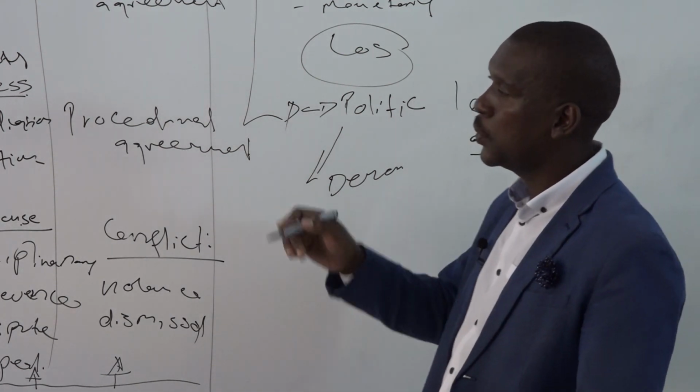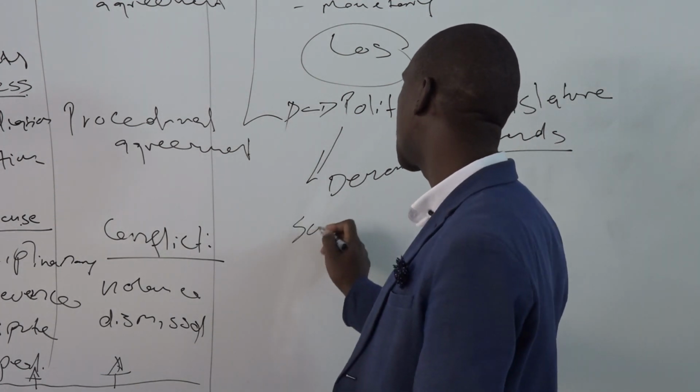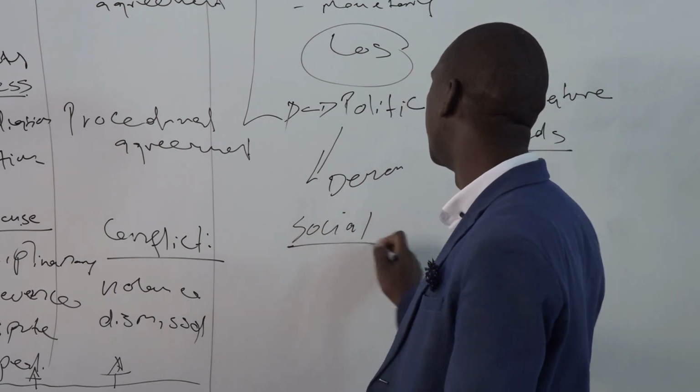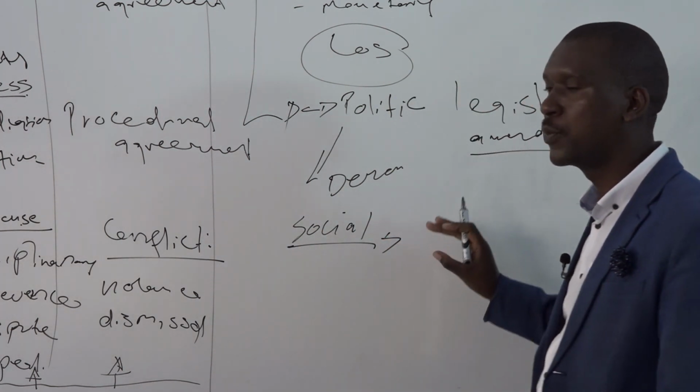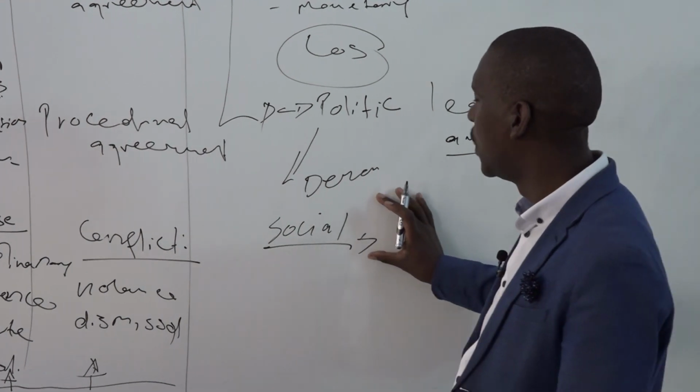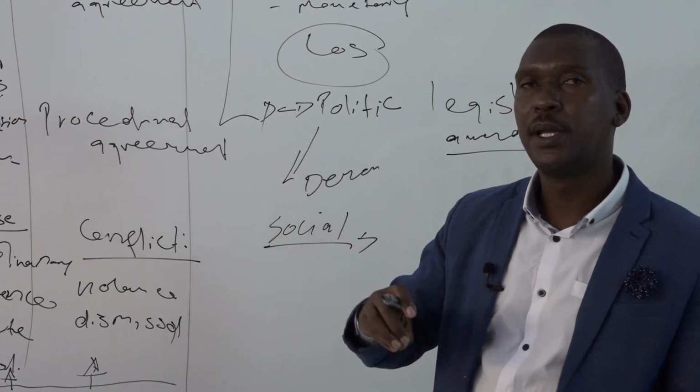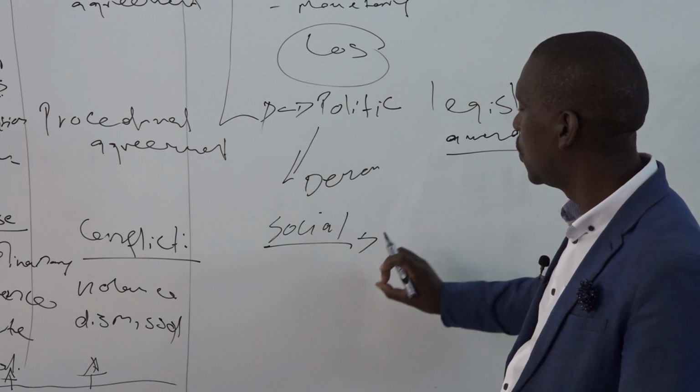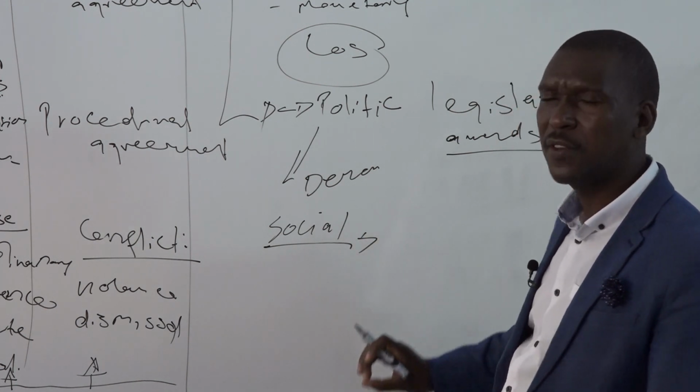The other part that we have to discuss is the society, the social system. With the social system, we're going to look at the values of the people, the objectives, the goals, and even the background.